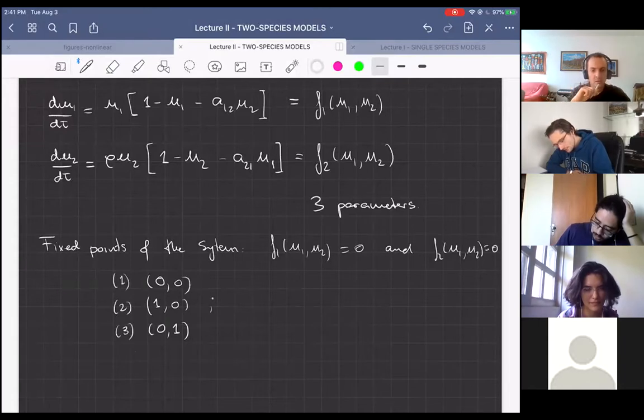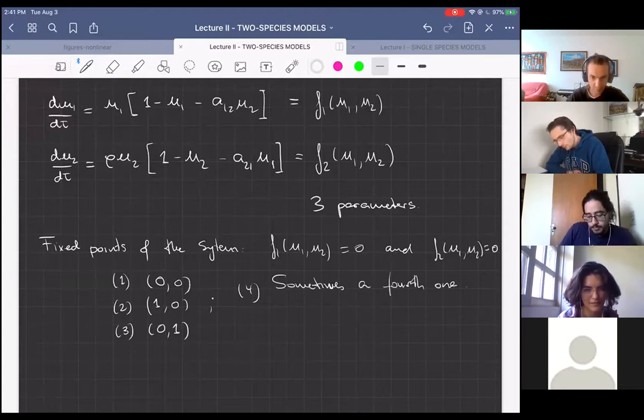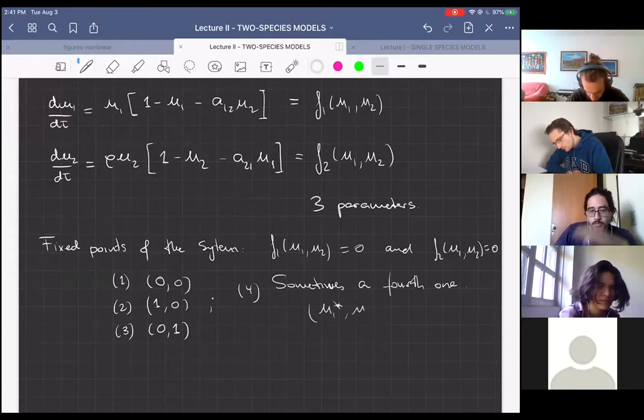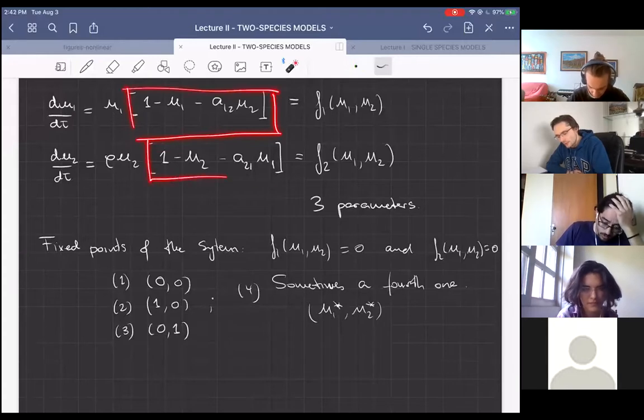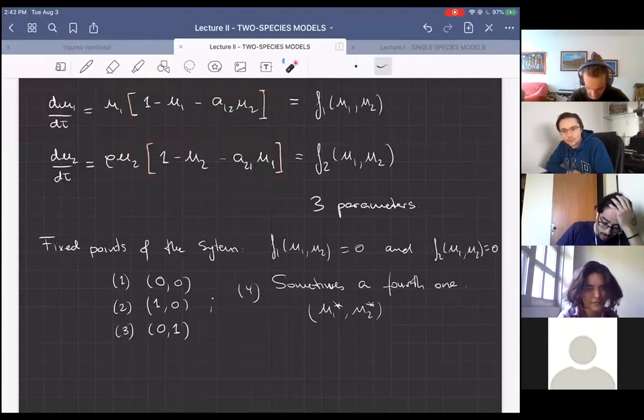And sometimes there will be a fourth one that basically is going to be one where I have some U1 star and U2 star, where none of them is equal to 0. So that basically, as many of you are already thinking, it will come from solving these two things to be equal to 0 at the same time.